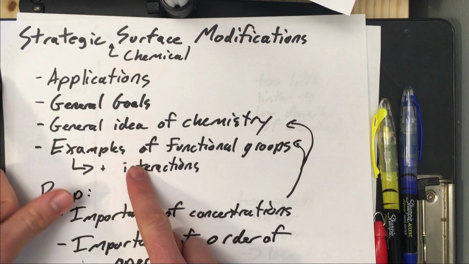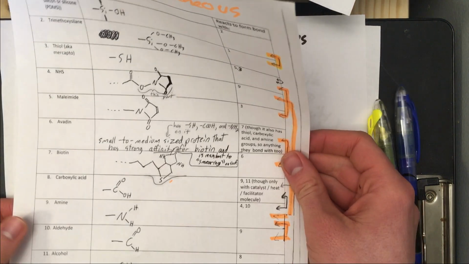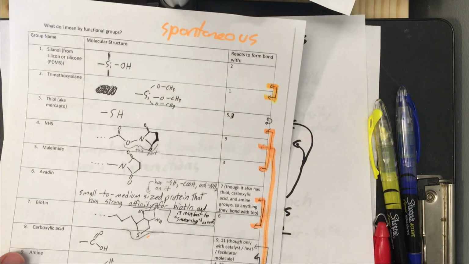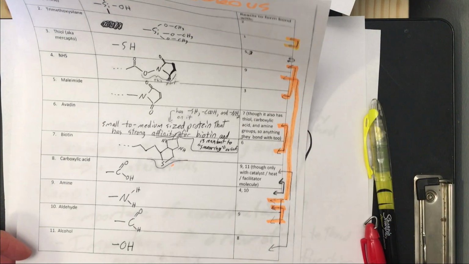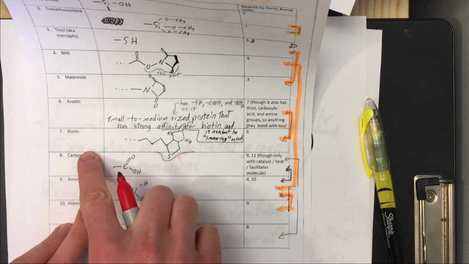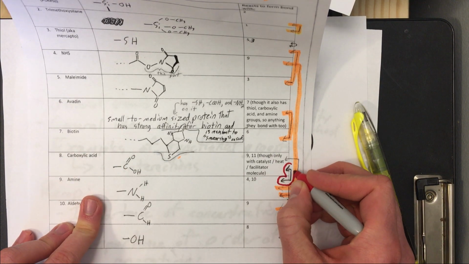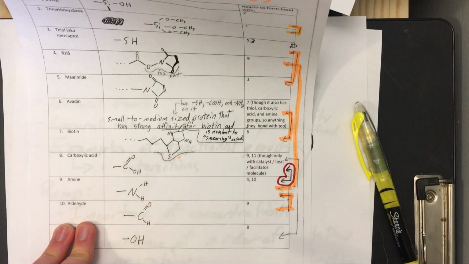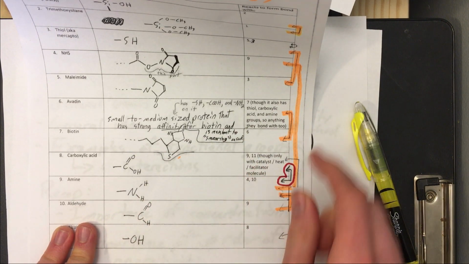We talked about some examples of these functional groups. There's a big long list, but some of these reactions occur spontaneously, some of them don't. And actually, just as an extra aside, some of these reactions, for example, an amine group reacting with the carboxylic acid group, if you put in some additional reagents, sometimes you can force these reactions to be spontaneous if you add in some extra facilitator molecule.